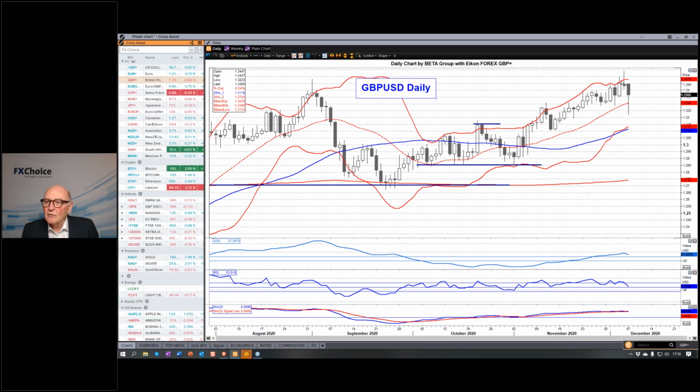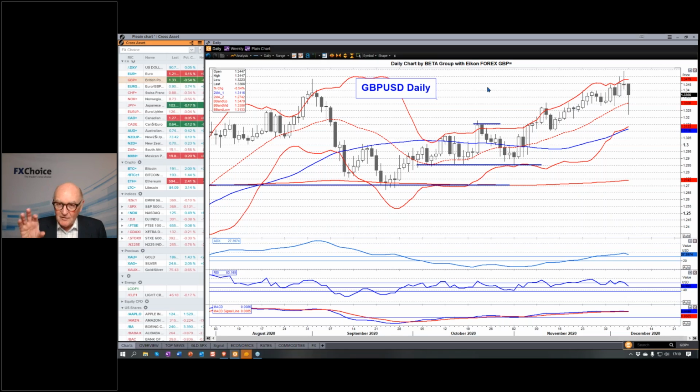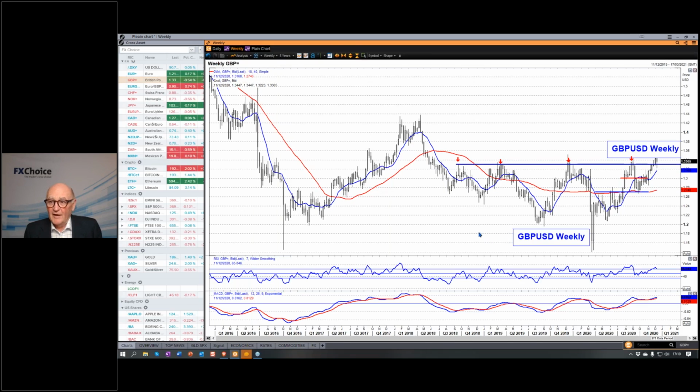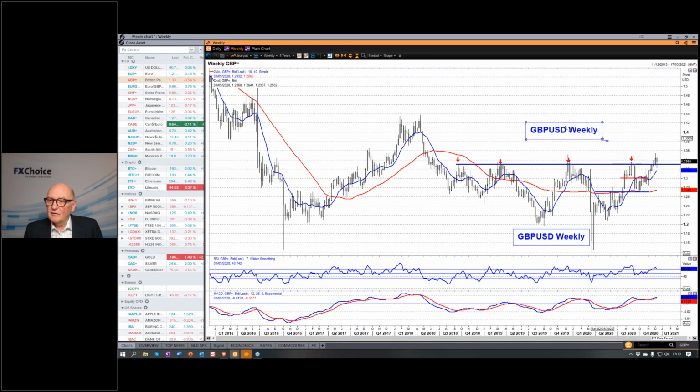So clearing out a lot of weak longs in the process, a few stops going, and then rejecting the lows quite strongly. Of course, we haven't finished the day yet, and it could finish somewhere else, but that's the message if this candle were to finish here today. Now look at the importance of this level here, 133.50, 1, 2, 3.